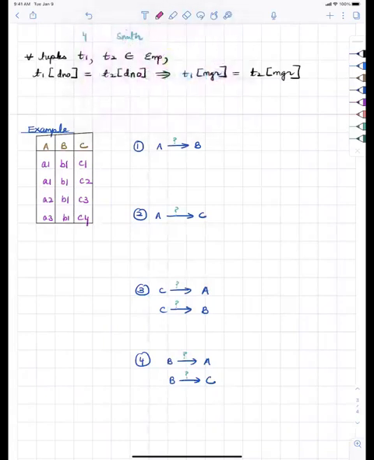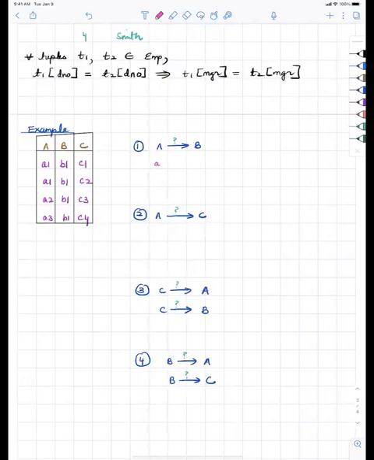False. Yes. Is that false? So let's see. Why did you say it was false? I'm trying to see, does A determine B? A1 goes to, yeah. Which one is the one that contradicts it? A2 to B1, I believe. A2 and B1.